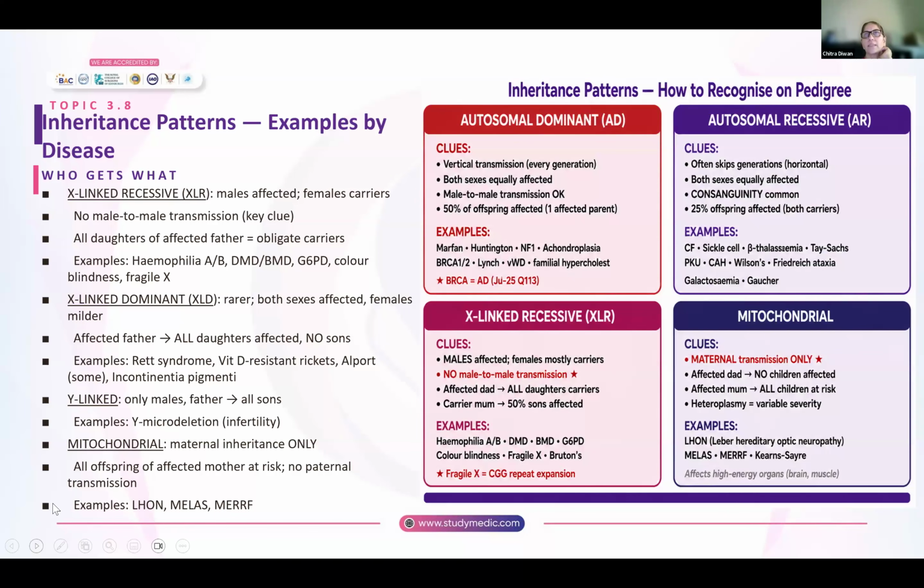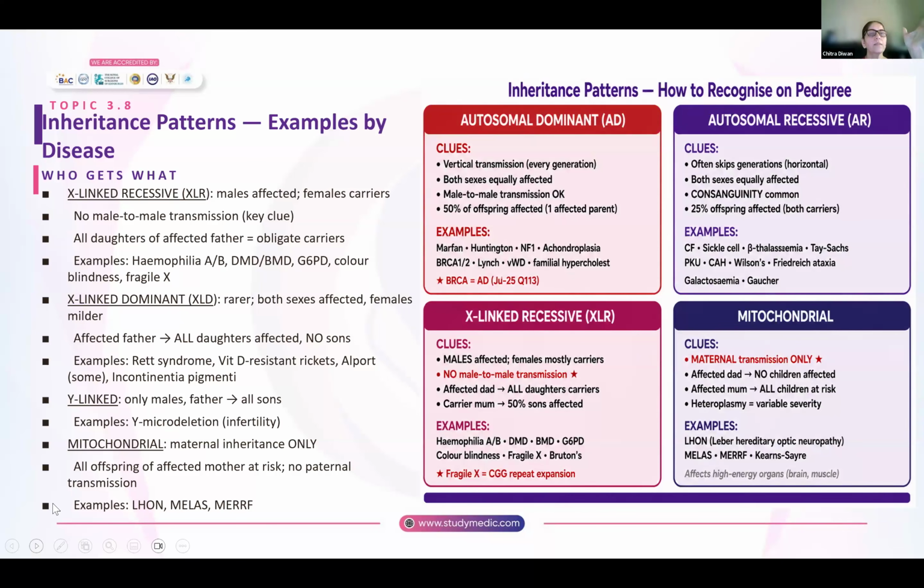These are diseases which we see quite rarely in the community: Rett syndrome, vitamin D resistant rickets, Alport syndrome, where the inheritance patterns are variable, and incontinentia pigmenti. All these are types of X-linked dominant.